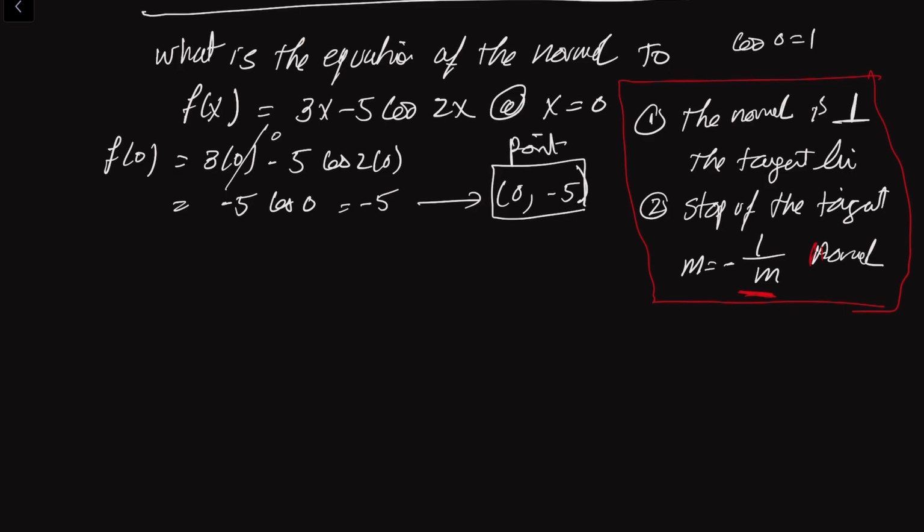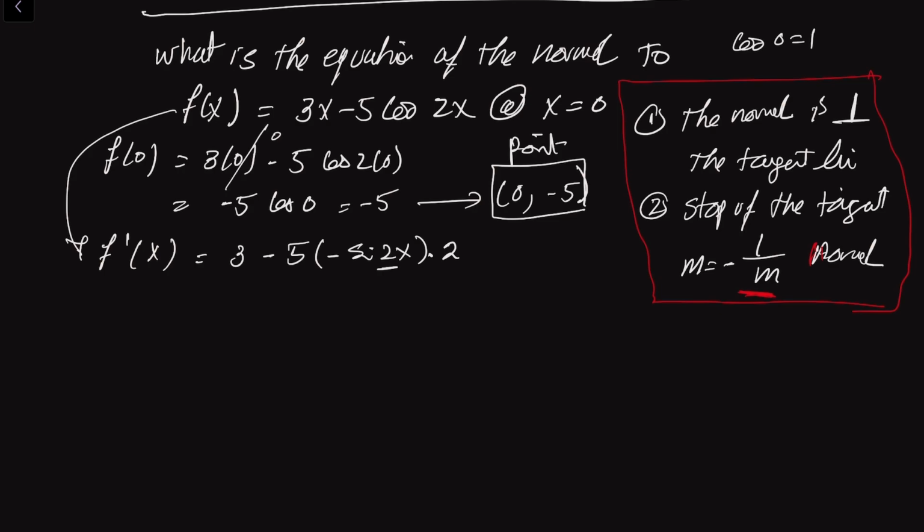So we need to get the point, and then we get the slope, and then we get the equation of the line. Okay, so f dash of x, so we'll get the derivative of this. It will be equal to 3 minus 5 times the derivative of cosine 2x, that's minus sine 2x, times the coefficient of x, which is 2.